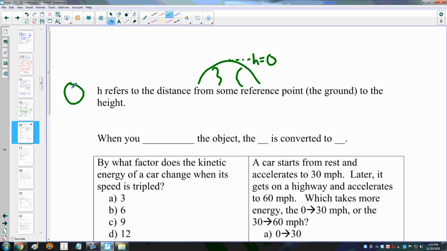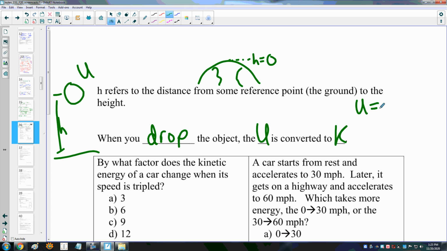Now, if I have this object that has potential energy and it's at some height above the ground, when you drop the object, the potential energy is converted into kinetic energy. And so we can do a simple little calculation here where if this U is all converted into K, then whatever gravitational potential energy it has is now converted into kinetic energy.